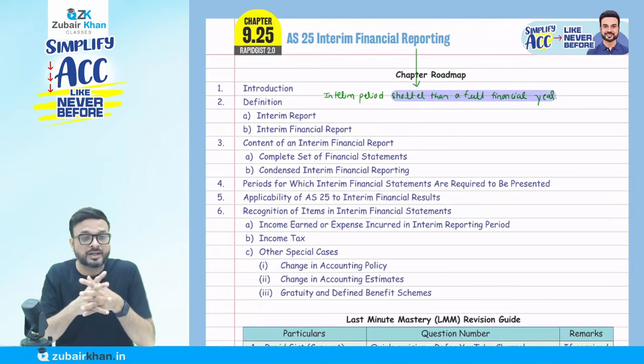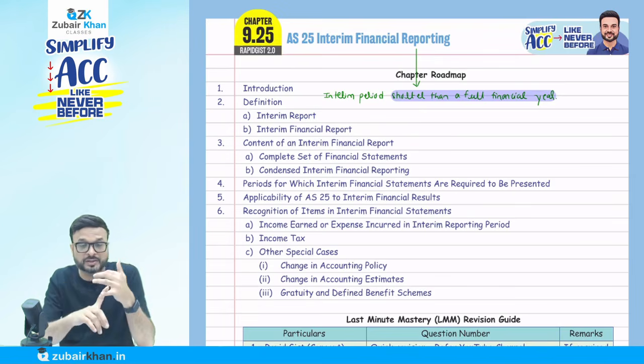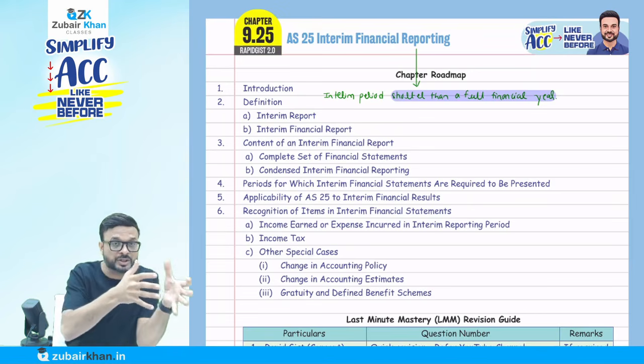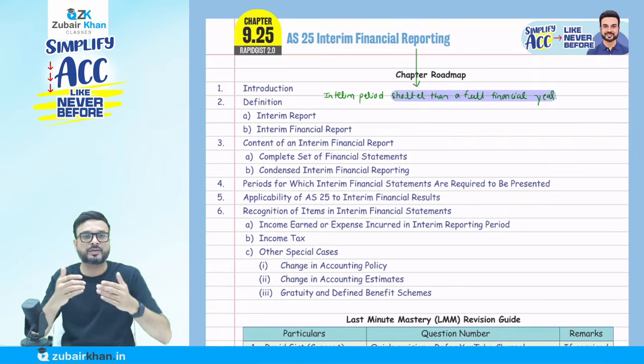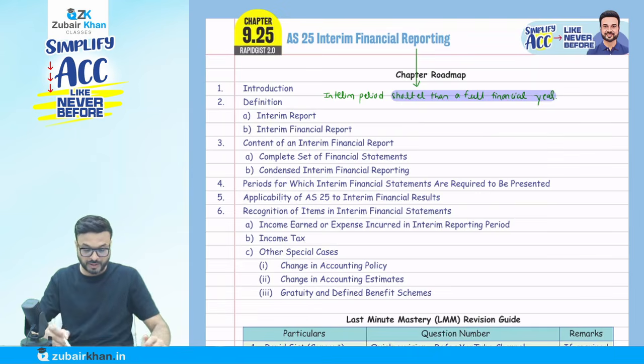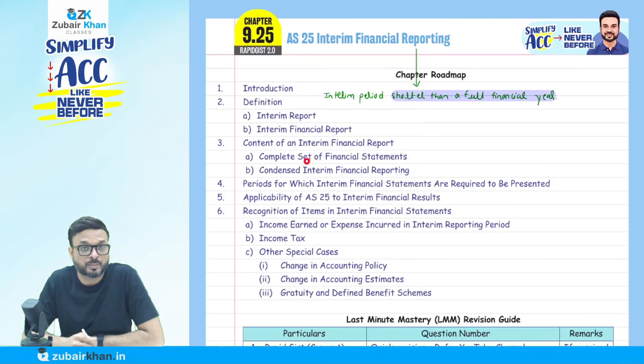This Accounting Standard 25 talks about how to do the presentation, disclosure, measurement and recognition in an interim financial reporting. So we'll discuss one by one. There are so many things I'm going to discuss with you. First, introduction, then definition, interim report, interim financial report. What should be the content in the interim financial report? Then complete set of financial reporting, condensed interim financial reporting.